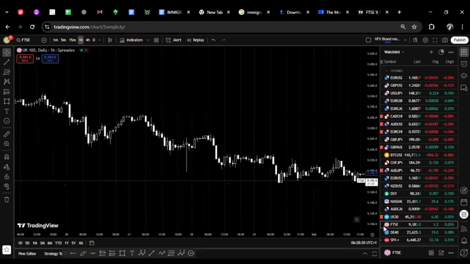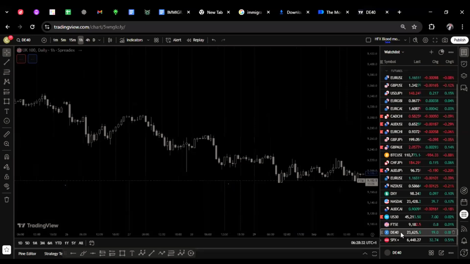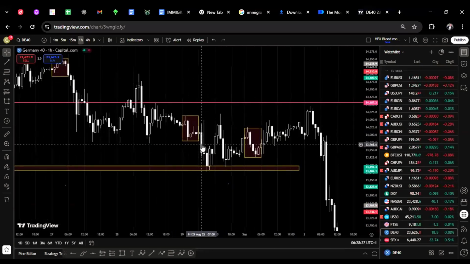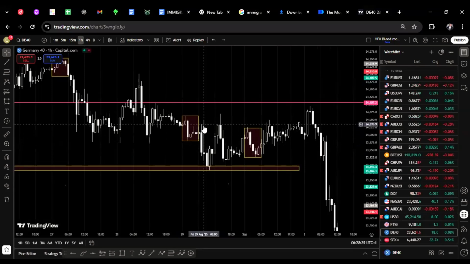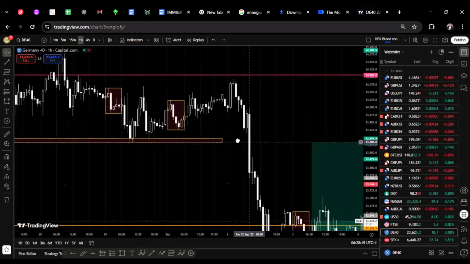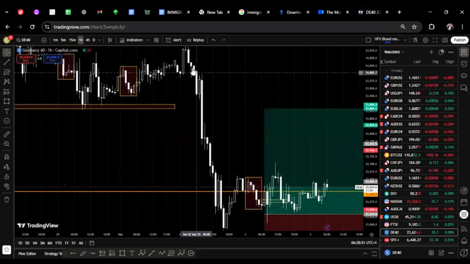Understand? If I look at the DAX now, 8 a.m. This is 8 a.m. Okay, 7. This is 8. Crazy long candle. It was on Friday. This 8 a.m. Another crazy long candle. This is another one, that should be under 8 a.m. here.